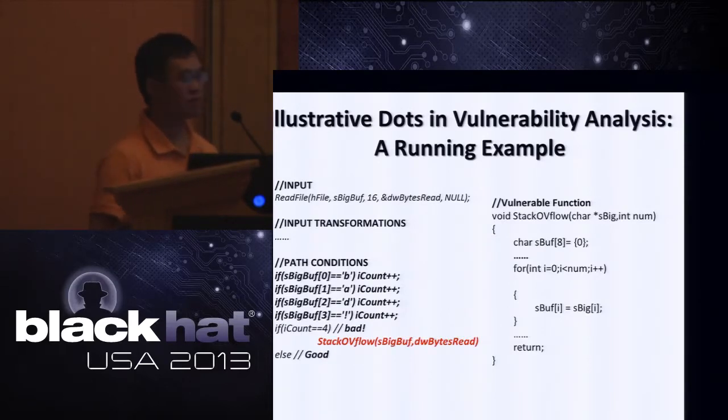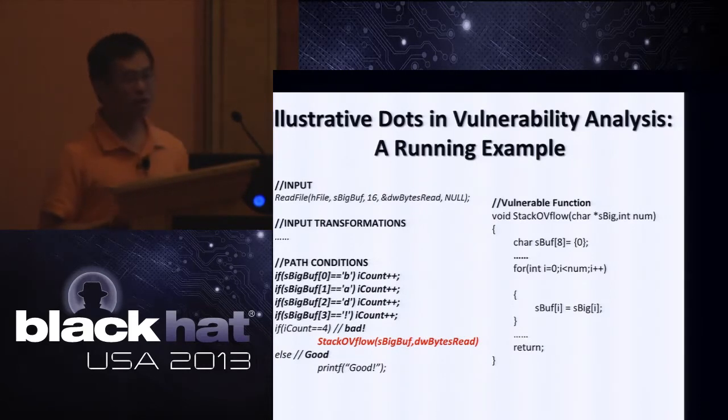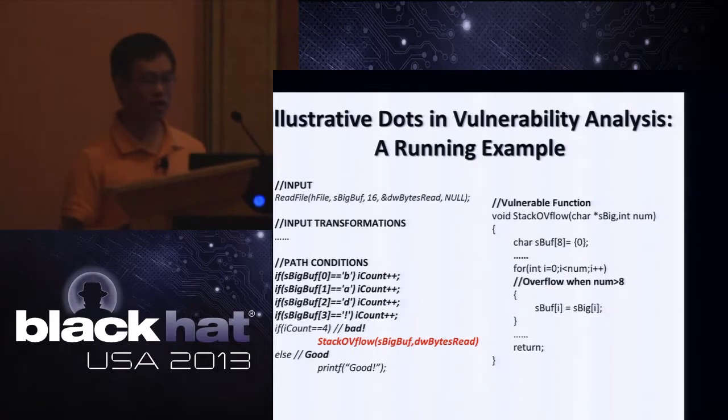But in most cases, it will just behave well. The vulnerable function here contains a buffer overflow, which might be triggered by certain input, but does not always happen, because the input length must be larger than the local buffer size.